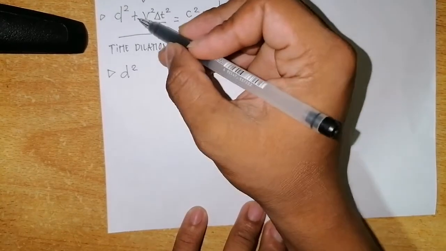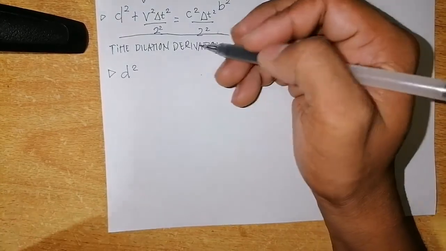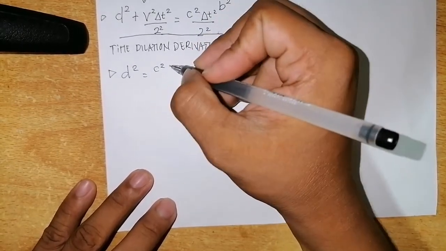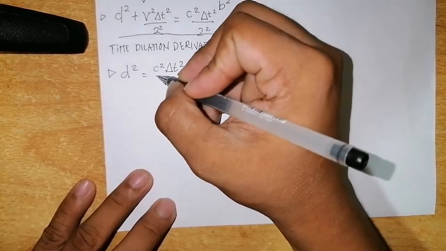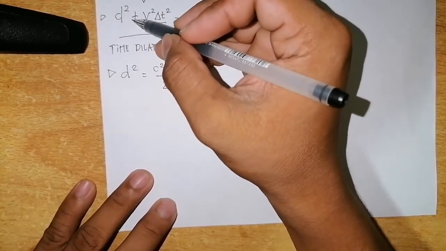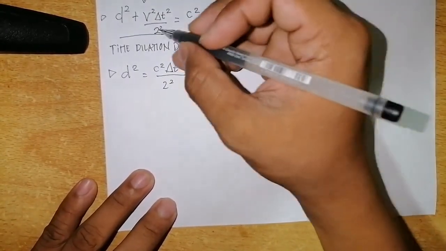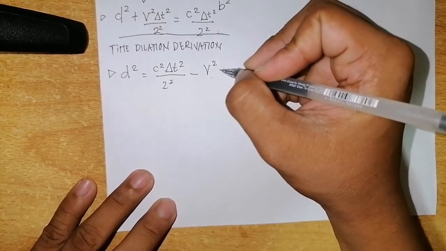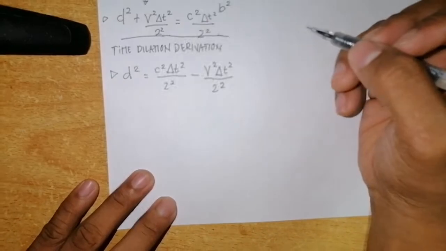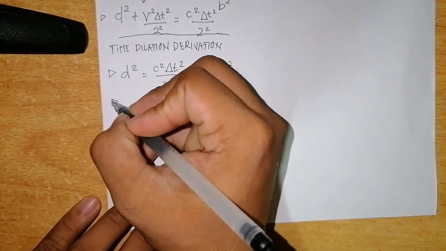Since this is a plus sign, whenever it is transposed it turns into a negative sign, equals c squared, change of time squared over 2 squared. Still copy this one, minus v squared, the change of time squared over 2 squared. Now we have the initial part of our derivation.